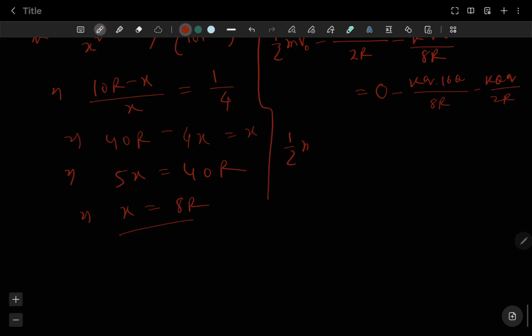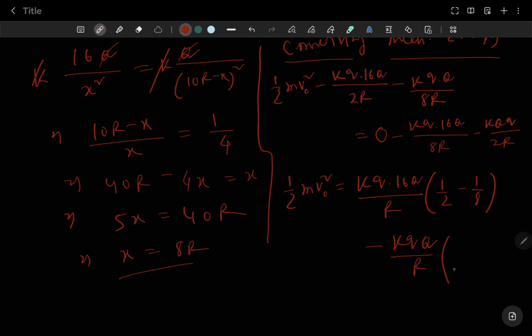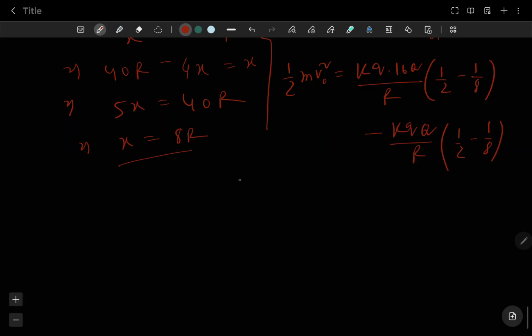So half m v0 square is K Q 16Q, take it common by R also, so half minus 1 by 8, and this one will be minus KQQ by R, half minus 1 by 8.